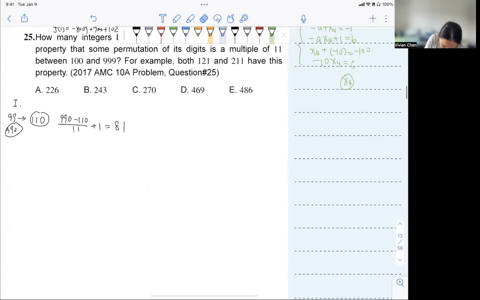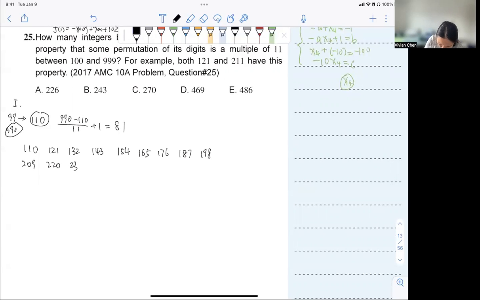So it starts with 110. Then it's 121, 132, 143, 154, 165. I mean, it really has the pattern here. So you don't really need to spend much time in calculation. And then you go to 209, 220, 231. Now this number will be this number plus 2.